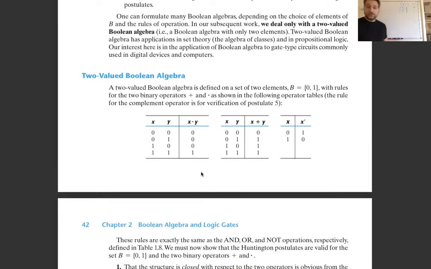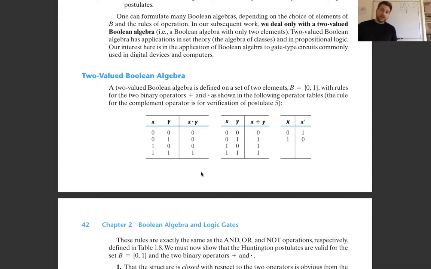If we have two Boolean variables, call them x and y, they each can have only one of two values, 0 or 1.